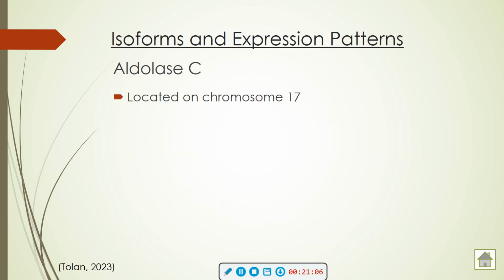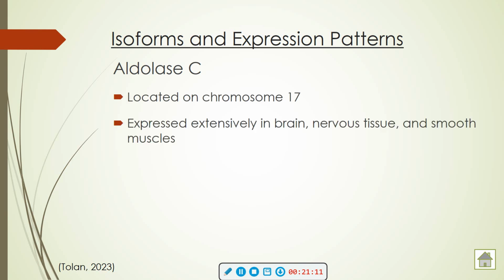Aldolase C. That one, we know that it's located on chromosome 17. We know that it is basically anything to do with the nervous system. So it's going to be extensively in the brain, nervous tissues, and smooth muscles like the trachea or the heart.